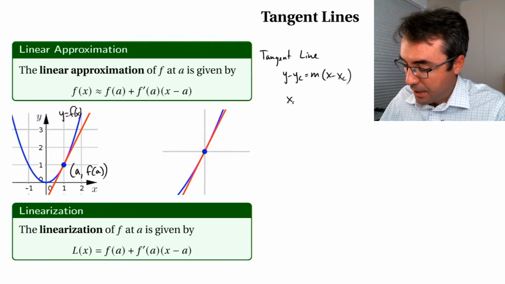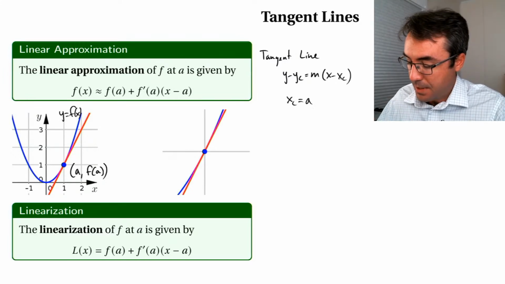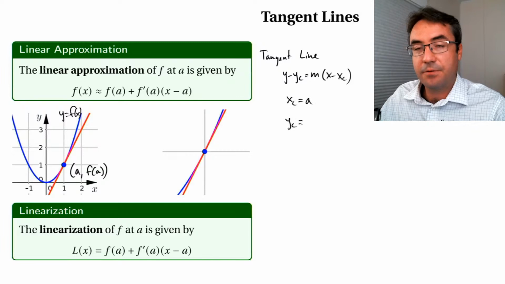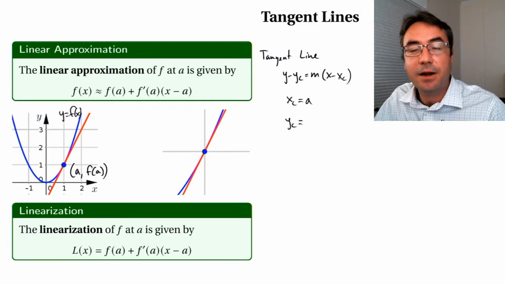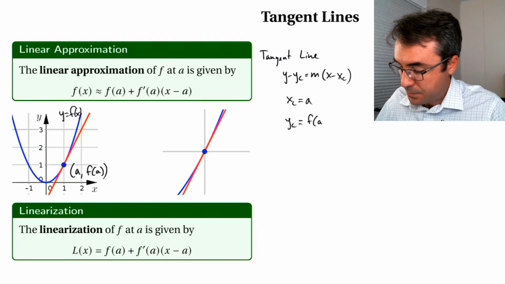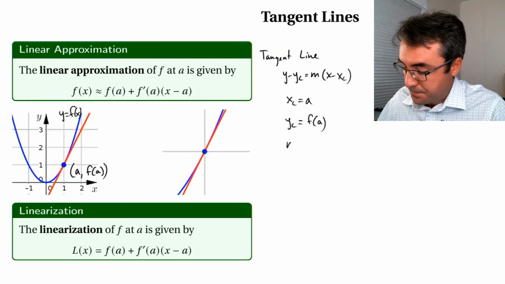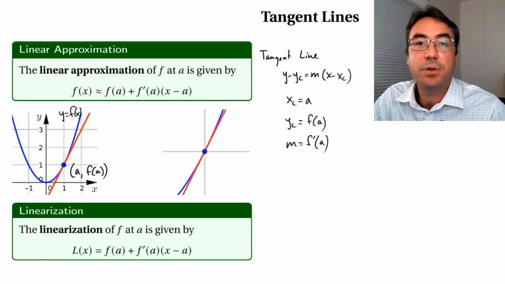So how we found our x coordinate, that's just the a value. How we found the y coordinate of our point of tangency, well, we take our x coordinate and we plug it into the original function. And then how do we get the slope of our tangent line? Well, that's where we take our derivative and plug in our x value into the derivative.